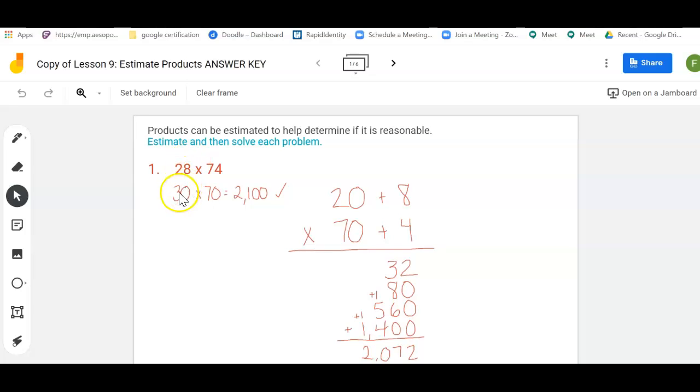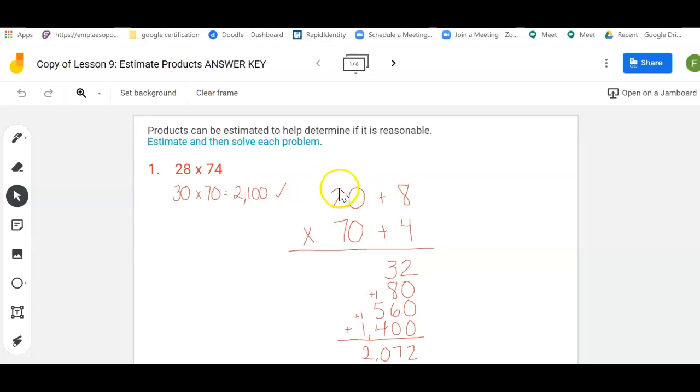I've estimated it to be 30 because it's closer to the nearest 10. It's closer to 30 than it is to 20. And for the 74, closer to 70 than it is to 80. And I just went on and multiplied the 3 times the 7. I got 21, and I counted my zeros. There's 1 zero, that's 2 zeros, so I added 2 zeros. So I put my estimate right over here, 2,100.